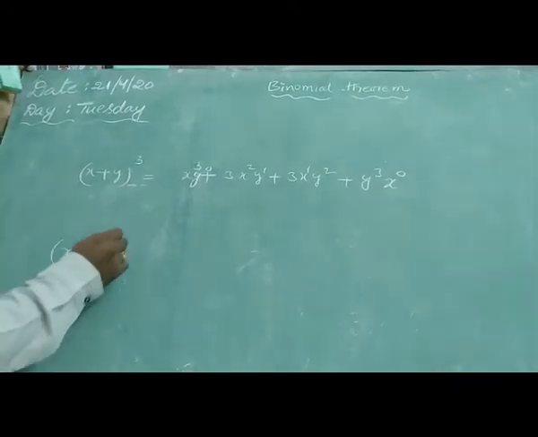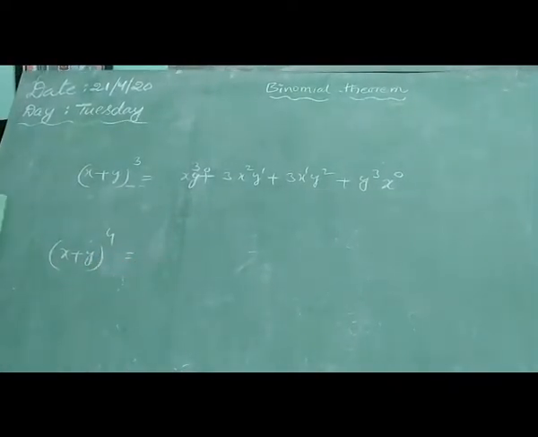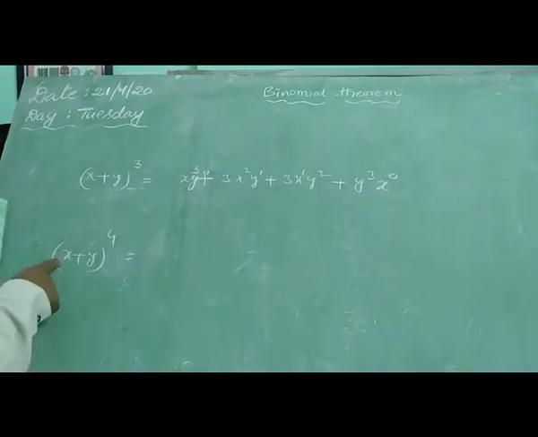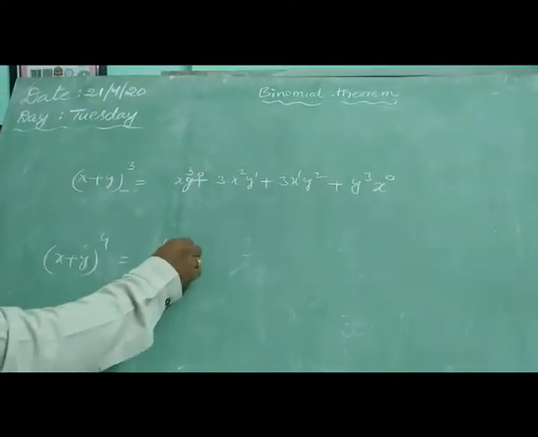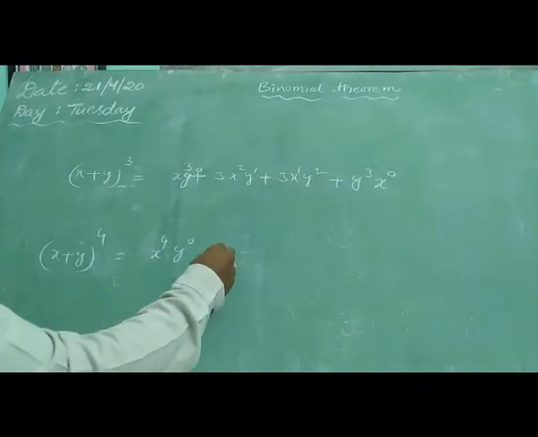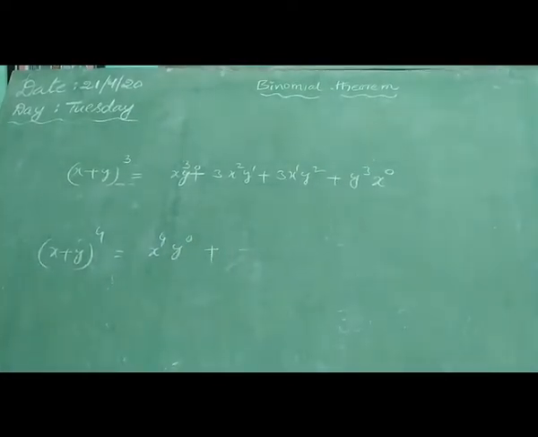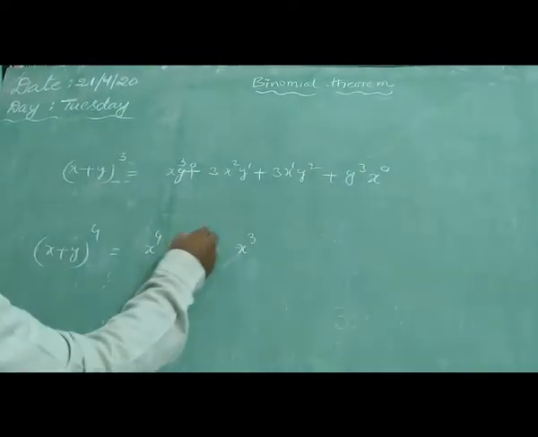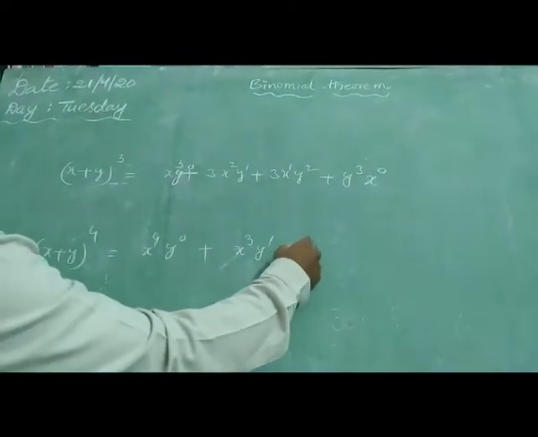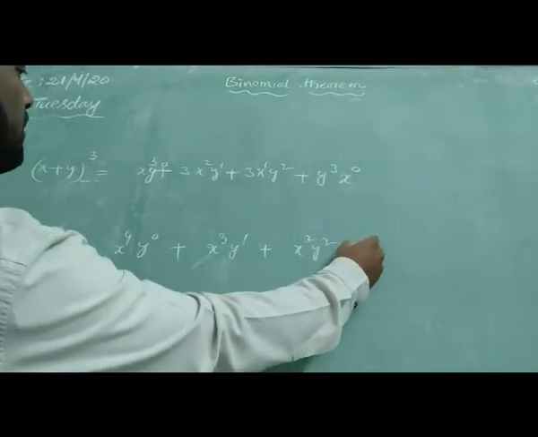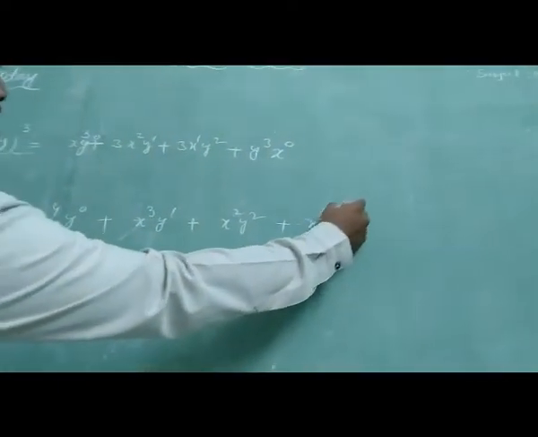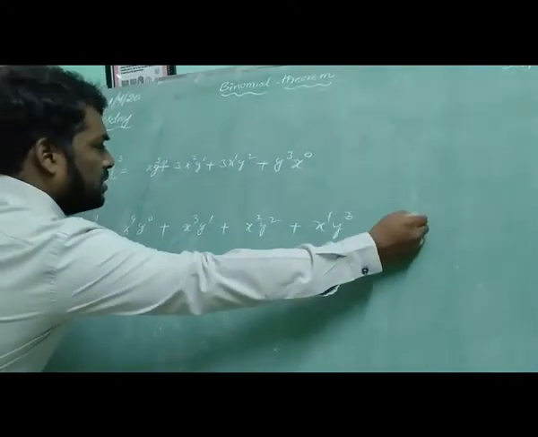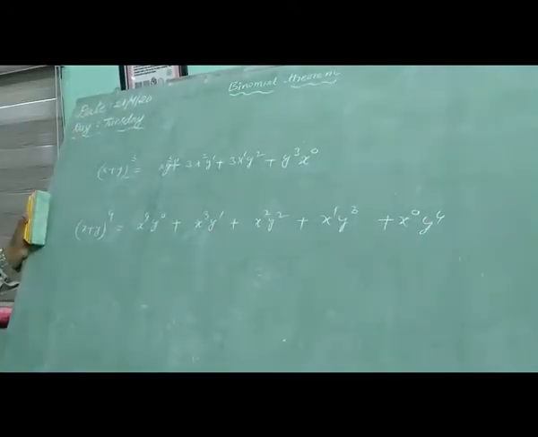Suppose we take x plus y whole to the power of 4. Its binomial expansion begins with x power 4, y power 0, and the remaining terms follow. How? Exponent of x is consecutively decreasing, exponent of y is consecutively increasing: x square y square plus x to the power of 1 y cube plus x to the power of 0 y to the power of 4.